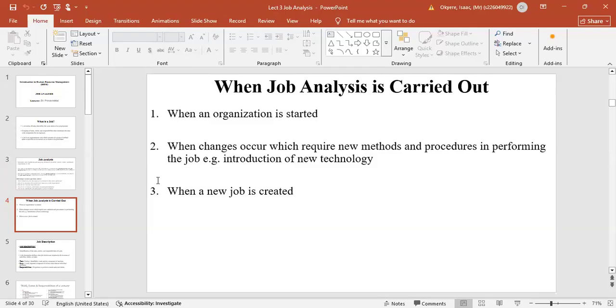Two, when there is a new department created in an existing organization, we need to do job analysis. When there is a new department created within an organization, then there is the need for job analysis.